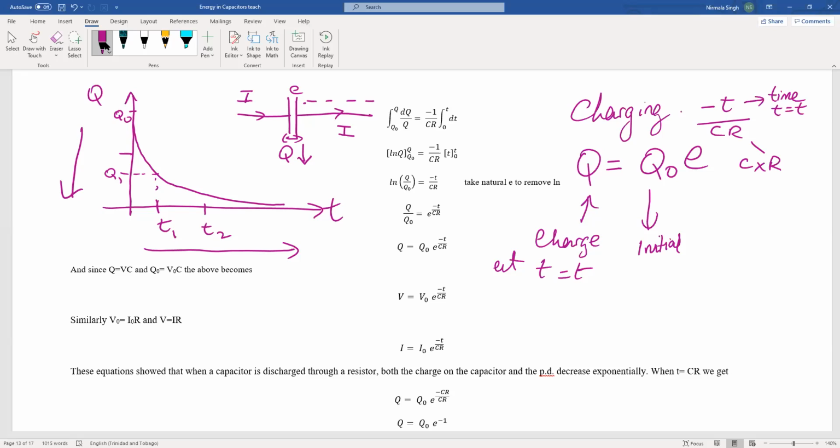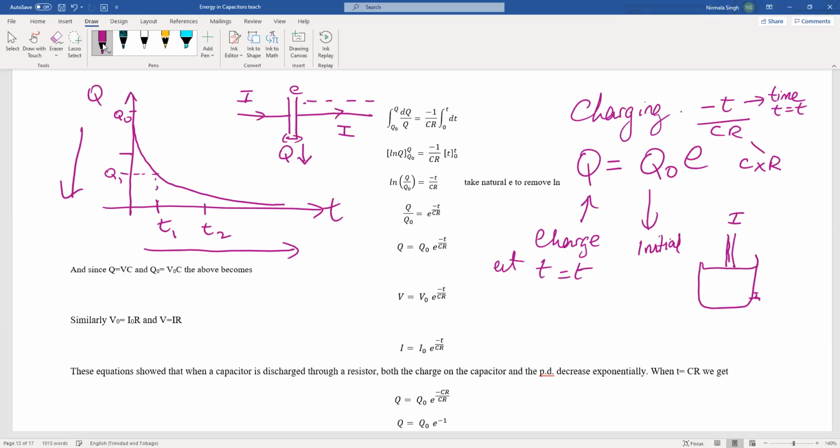Let's think about it. Imagine you have a bucket of water, and it has a small spout, a small pipe at the end, and you are filling this bucket with a pretty good stream of water.